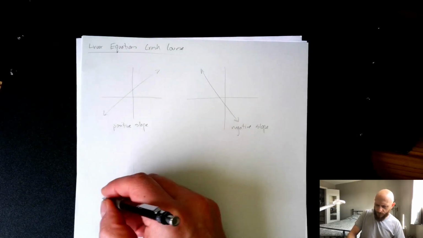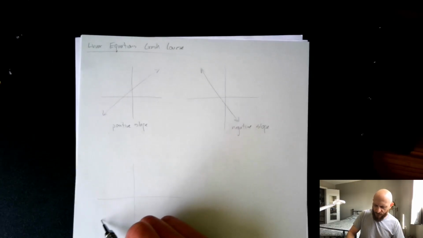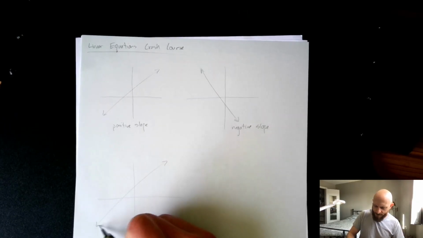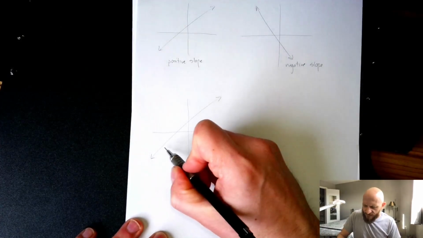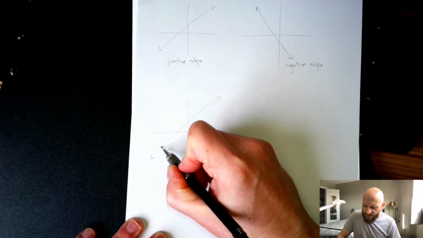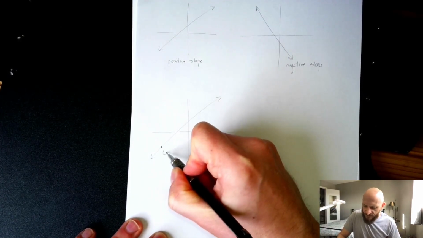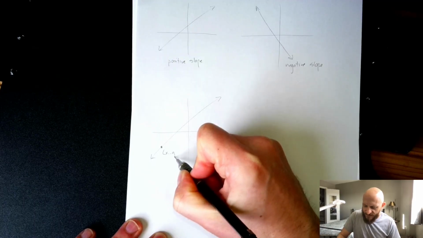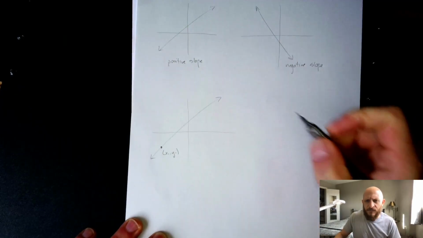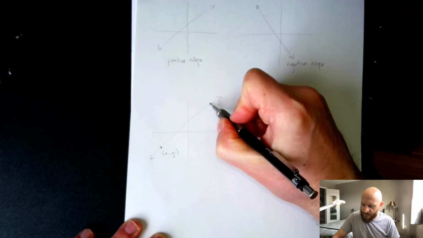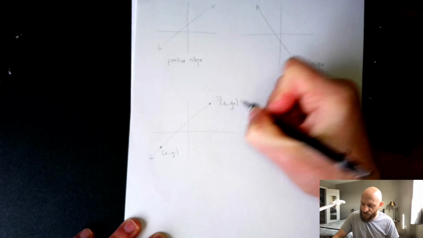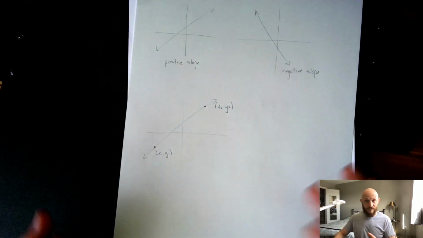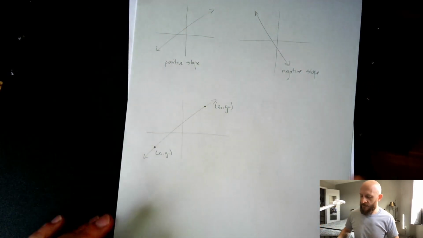So suppose we have our linear equation, which looks like this. We want to choose 2 different points on this graph. I'll choose one down here in the lower left, the arbitrary point x1 comma y1, and then further up here, x2 comma y2. It doesn't matter which 2 points you choose, as long as they're 2 different points.